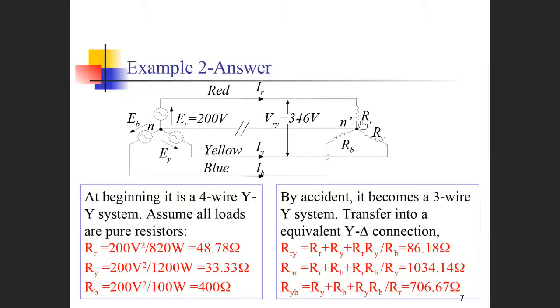The first one is rated 820 watts, the second one 1200 watts, the third one 100 watts, with a rating voltage of 200 volts. Now the neutral line is broken, so the system becomes a 3-phase star 3-wire system.